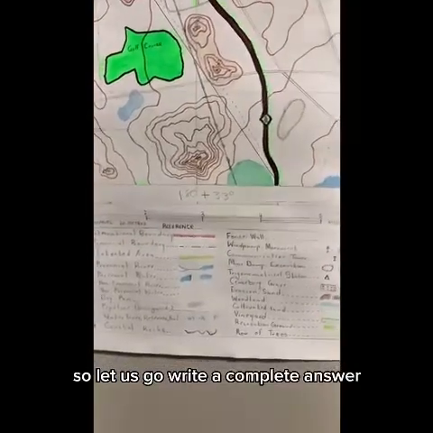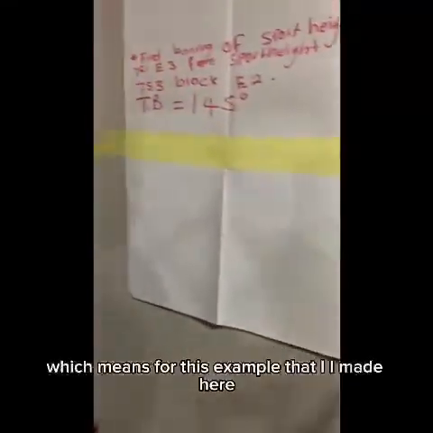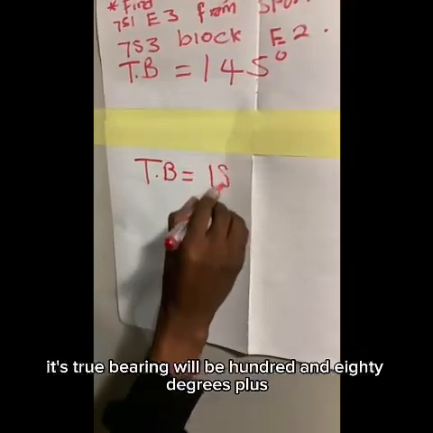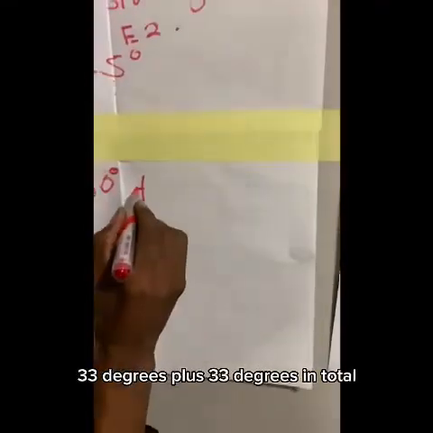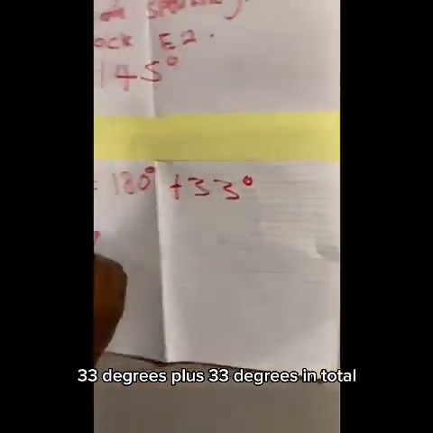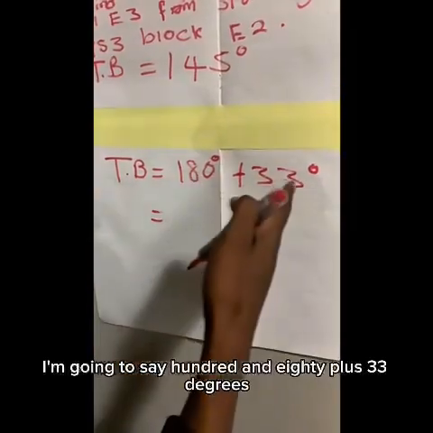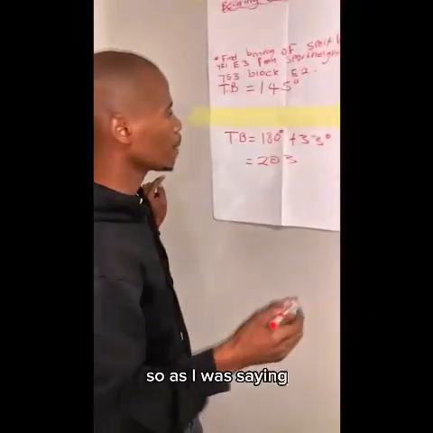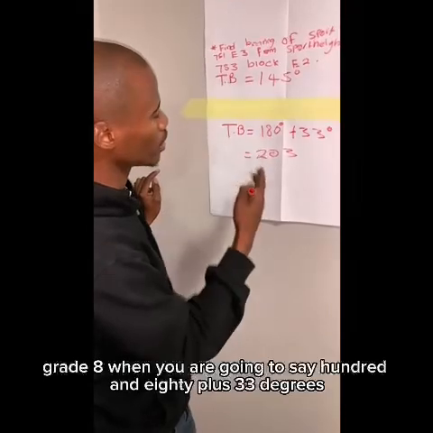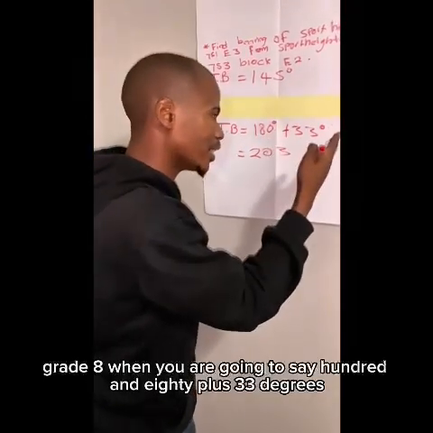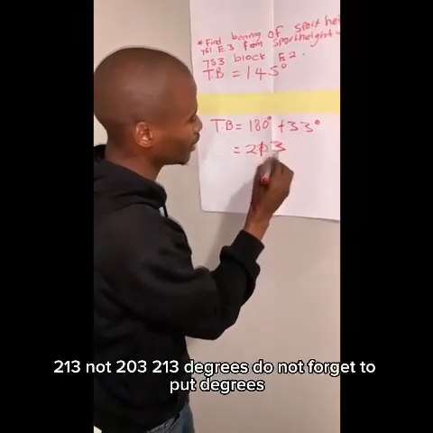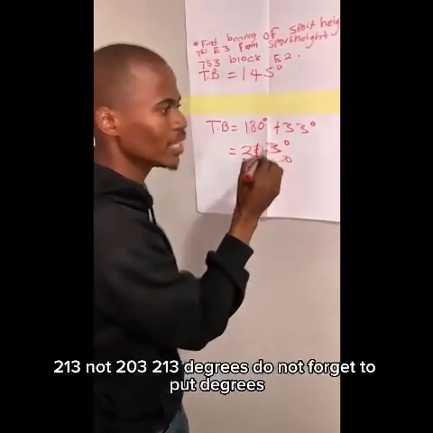For a complete answer, the true bearing will be 180 degrees plus 33 degrees. Grade 8, when you say 180 plus 33 degrees, we get 213, not 203. 213 degrees. Do not forget to put degrees.